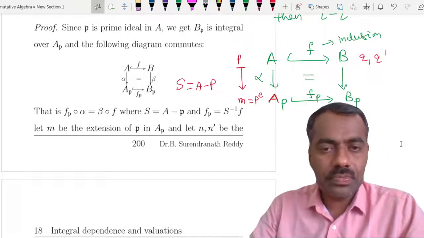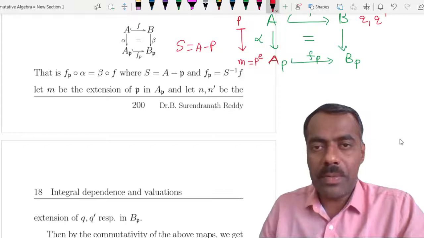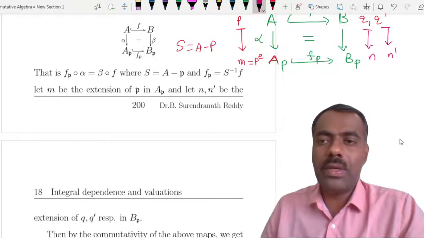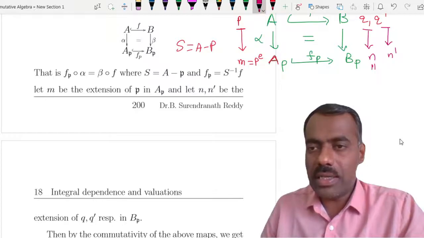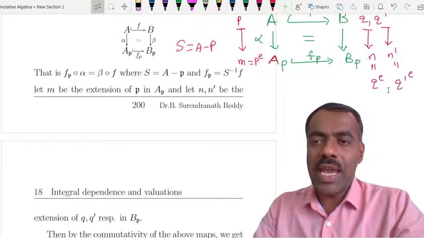Now you take n and n prime. Just like for P, we have considered its extension, similarly for Q you take n, and here also n prime. So n is nothing but Q extension, and n prime is Q prime extension.